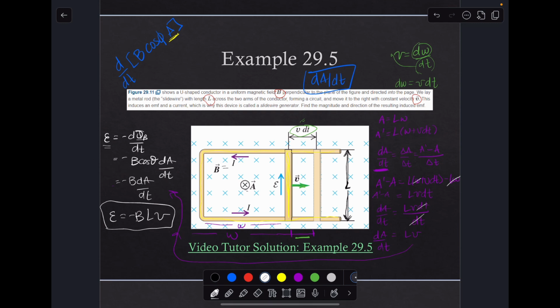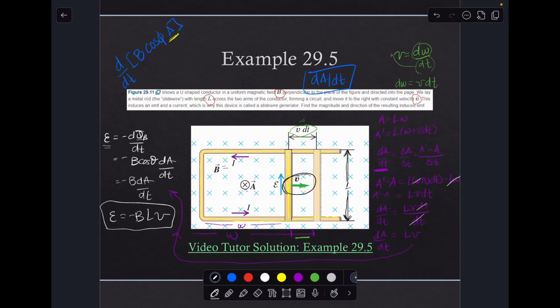The EMF, so the voltage that is generated in this situation of the slide wire generator, is minus BLV, where B is the field, L is the height of the circuit, and more specifically, it's the size of the circuit that's perpendicular to the direction of motion, times the speed of the motion to the right.